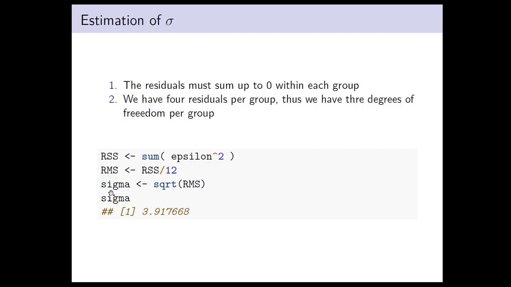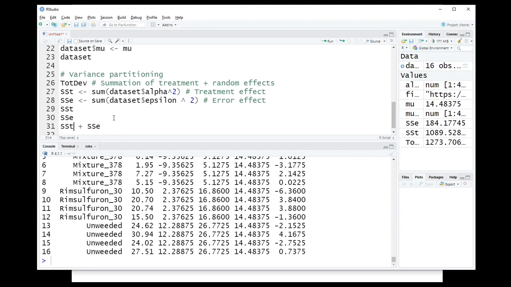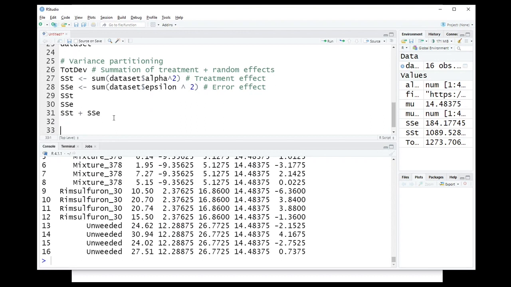So if we want to calculate the variance for the treatment, we calculate mean square T, which is equal to the sum of the squares for the treatment divided by 3. Okay. And this would be the variance for the treatment effect.